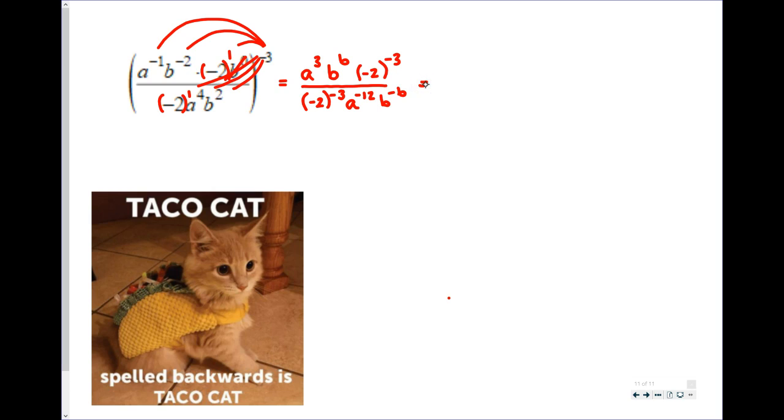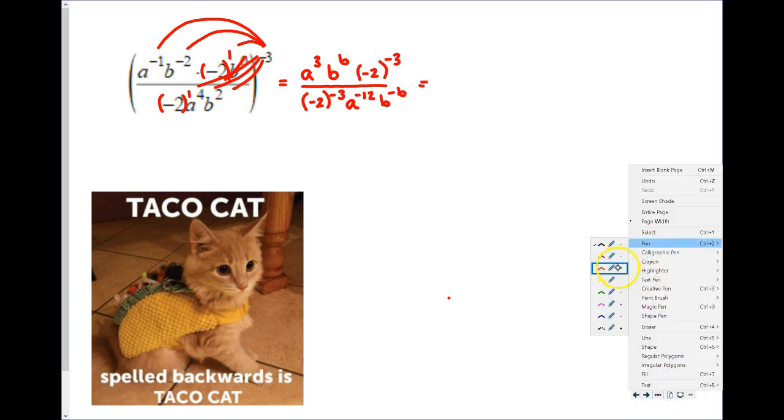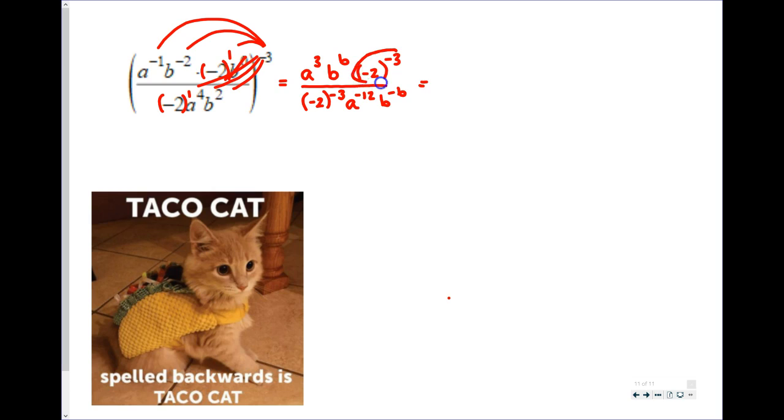Now, I want you to notice something really important here. I need you to notice that this guy and this guy are the same. And if you've got something that's the same on top and the same on bottom, they cancel out to 1. So they're gone. You don't have to worry about those two things because it was the same on top, same on bottom. Cool, it's over.